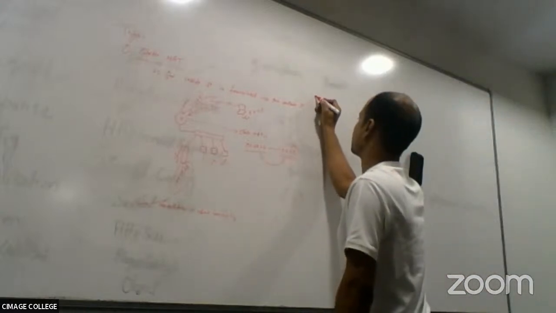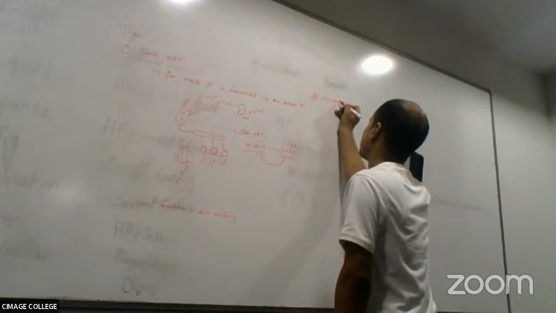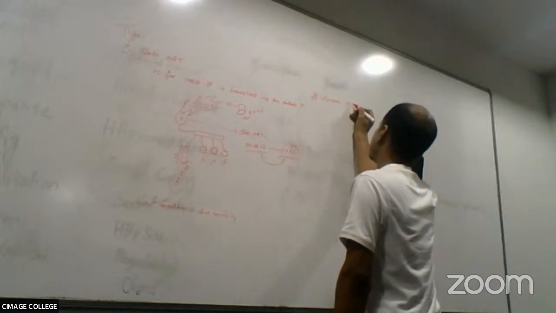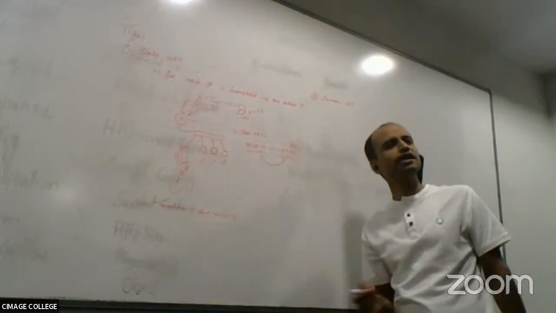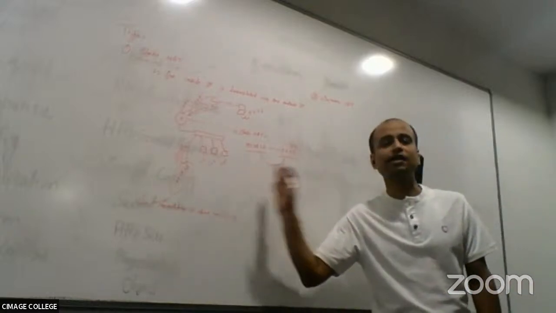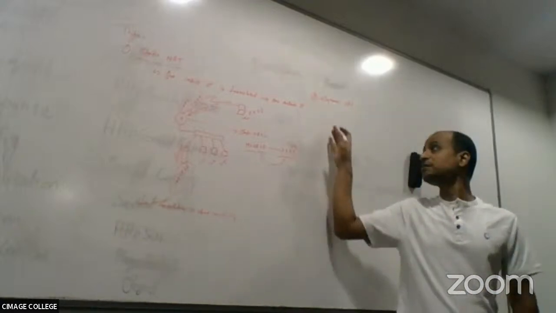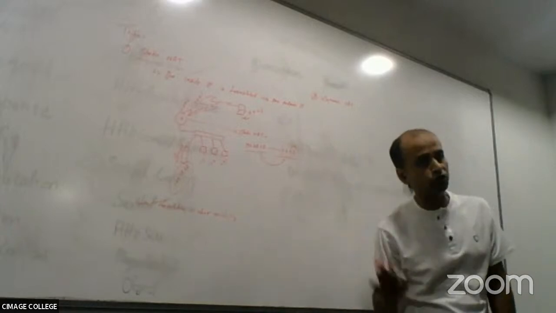But the second type is the dynamic type. What is dynamic NAT? Again, it is similar to static. In dynamic NAT, we have got only one solution.